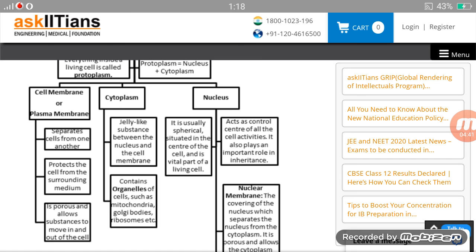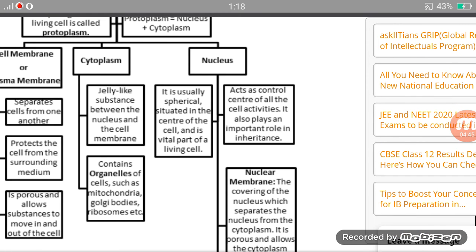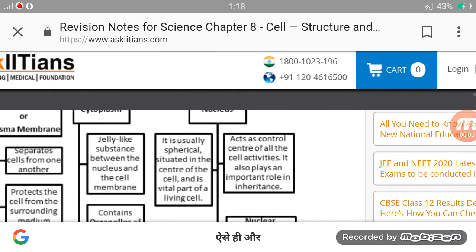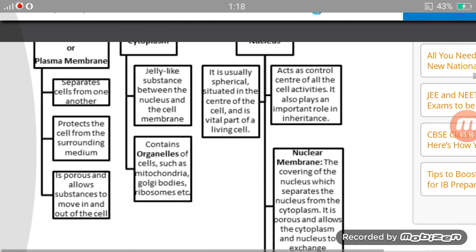Then we will study about cytoplasm. Cytoplasm is a jelly-like substance between the nucleus and the cell membrane. This cytoplasm is a jelly-like substance or jelly-like liquid, you can say, and it is located between the nucleus and the cell membrane. The nucleus everybody knows. In the 7th class also you have studied about it, and in this class also we'll study it in detail. The cell membrane we have already covered here.